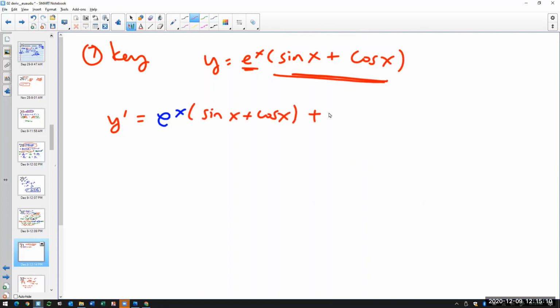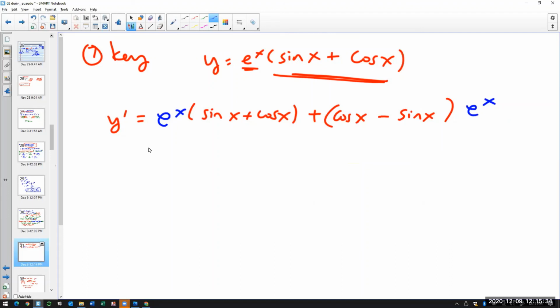Now this is going to get a little hairy, but the derivative of the second will be the derivative of sine x plus cosine x. The derivative of sine x is cosine x, right? But the derivative of cosine is negative sine x. So it's plus negative sine x. And then derivative of the first times the second plus derivative of the second times the first. All right. So that's what I have.